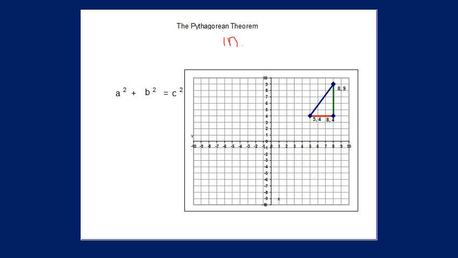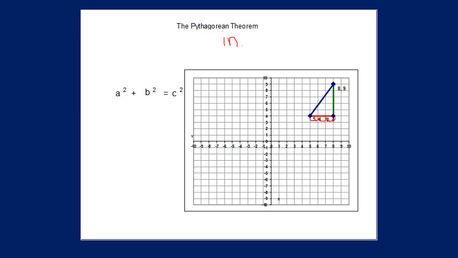First thing we're going to do is look at this point 5, 4 right here, and we are going to count over to point 8, 4. 1, 2, 3.